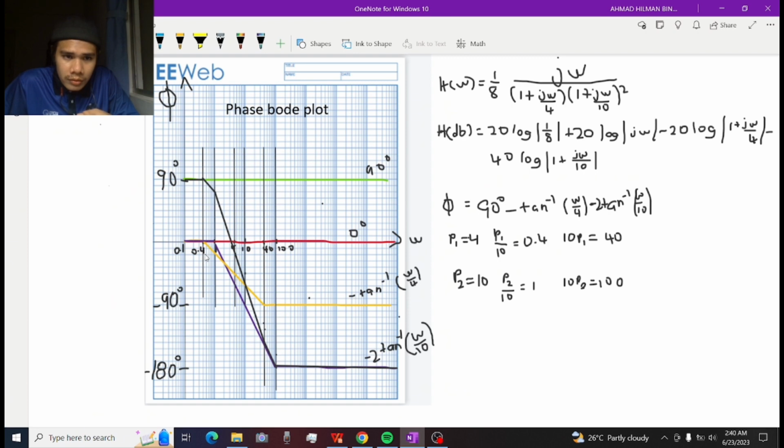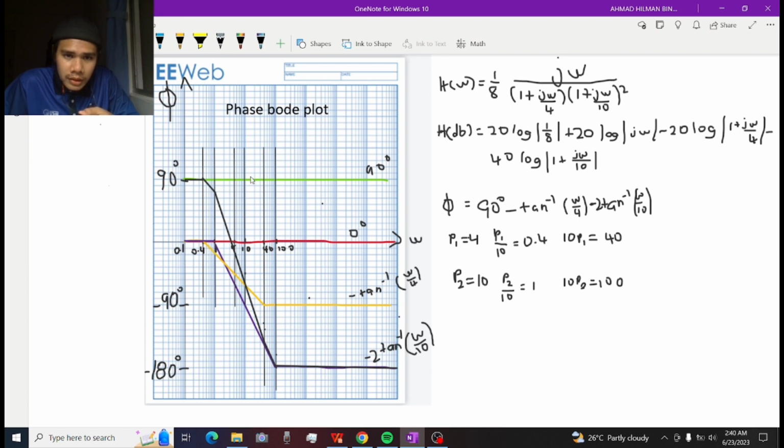So the next point, from 0.4 until 1, it has two significant graphs, that is the green one and the yellow one.